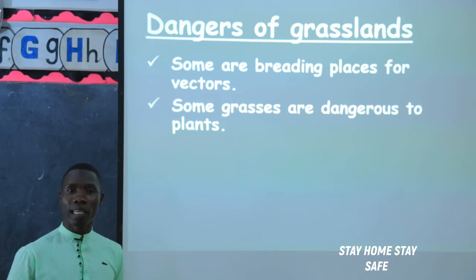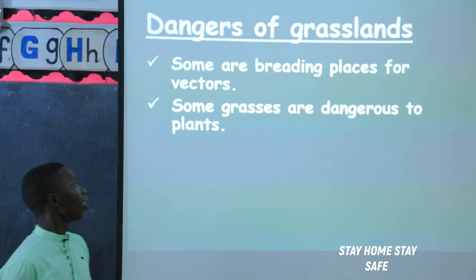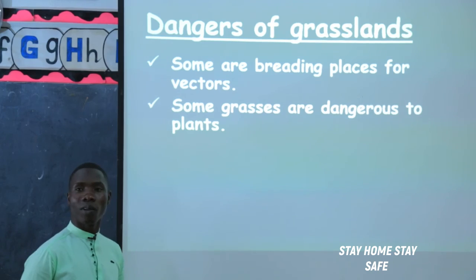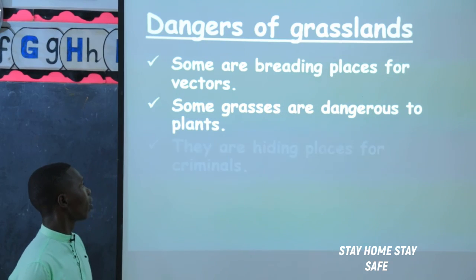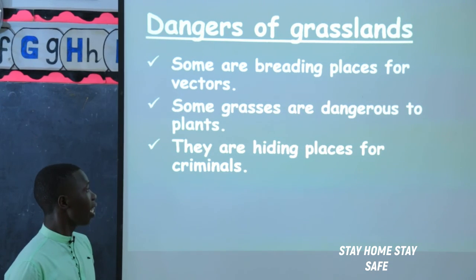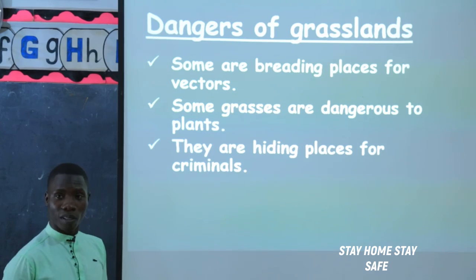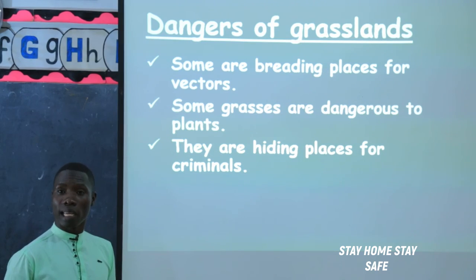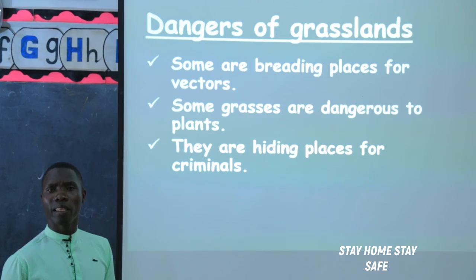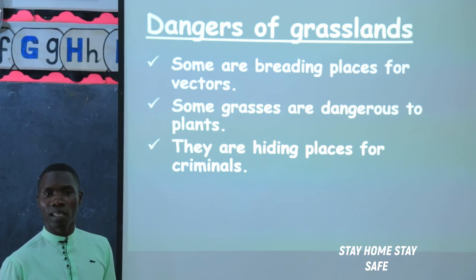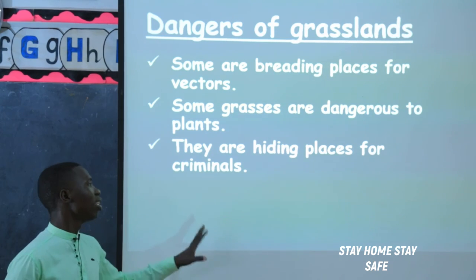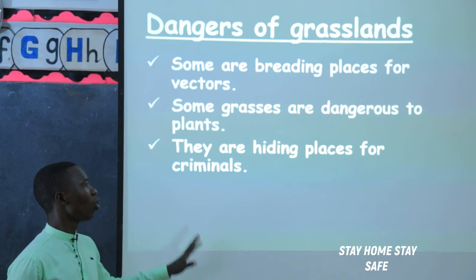When you have your garden, we have there grass or grassland, the weeds. These weeds will affect the proper growth of your crops. Then we also have, they are hiding places for criminals. Some people hide in grasslands. Some criminals like the thieves, the defilers, and many others can easily hide in these tall grass.